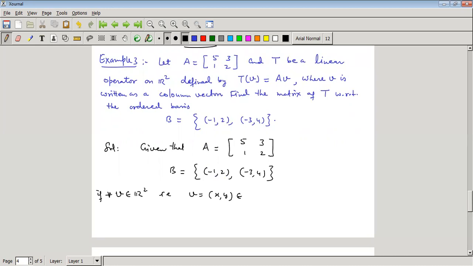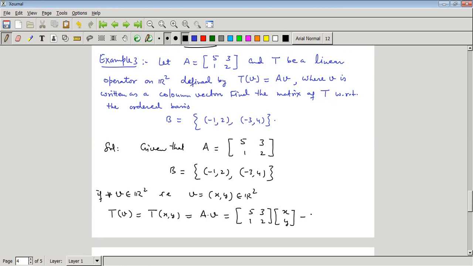This belongs to R2. Then T of V means T of x comma y, and we get A into V. It is given. So A into V means 5, 3, 1, 2, and because V is a column vector, it is x comma y.